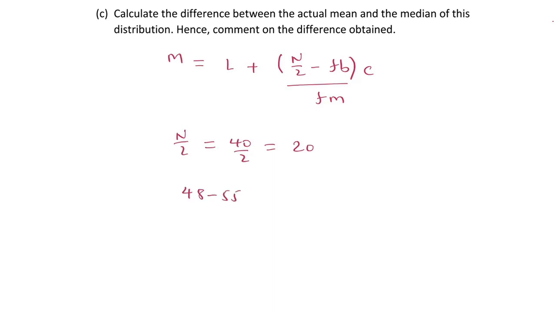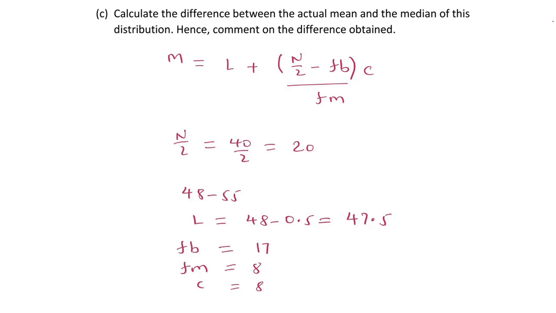Okay, so having our median class, our lower real limit is going to be 48 minus 0.5, which equals 47.5. And the summation of the frequency below the median class is going to be 17, the frequency of the median class is 8, and the class size is 8.